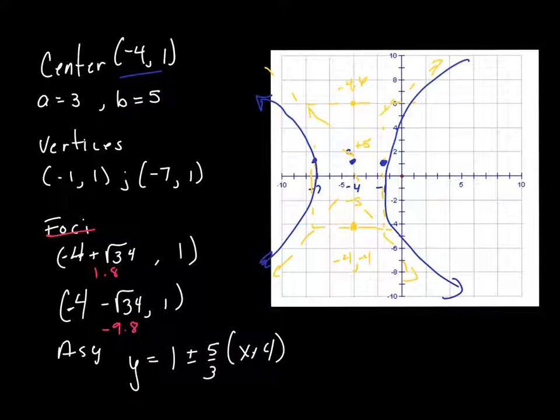So at 1.81, that's almost 2. It's about here. And my other focus is almost -10 and up 1. So about there. So now I have absolutely all the points that I need for this graph.